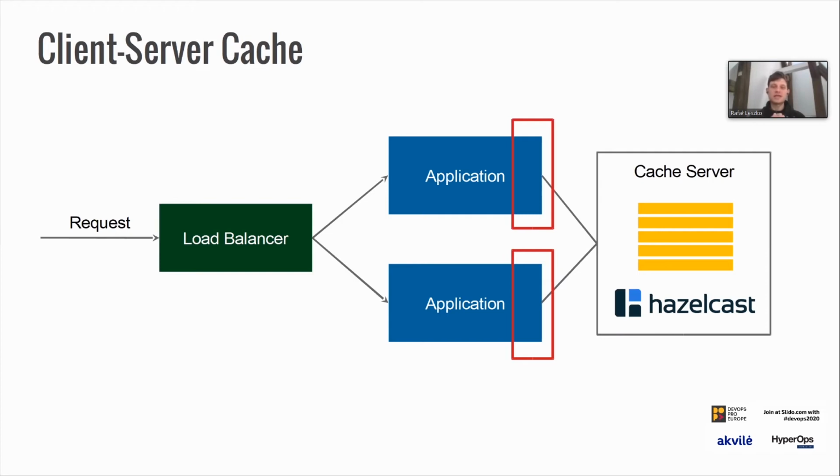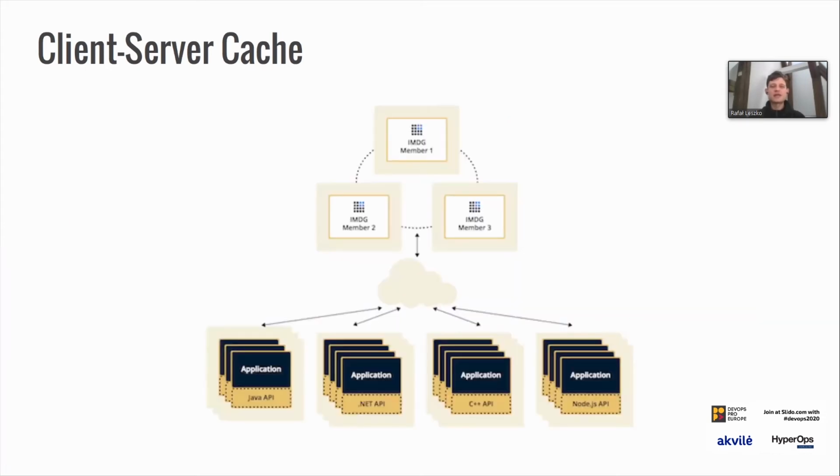So you may use any programming language you want to connect to your server. And it's a very common strategy that you set up a cache server, and then different applications written in different programming languages use different clients, but the same protocol, and they connect to the cache server.